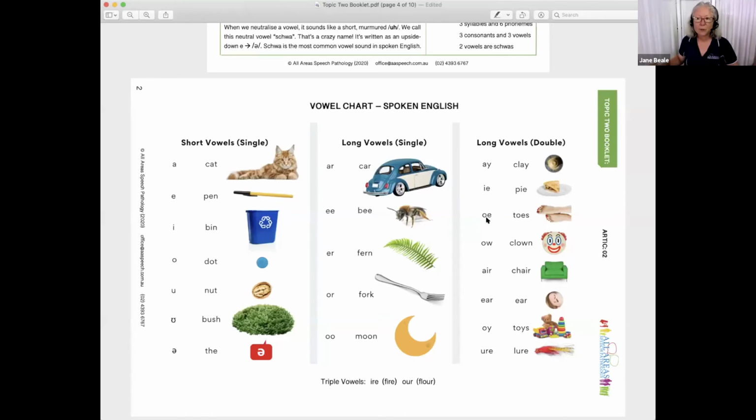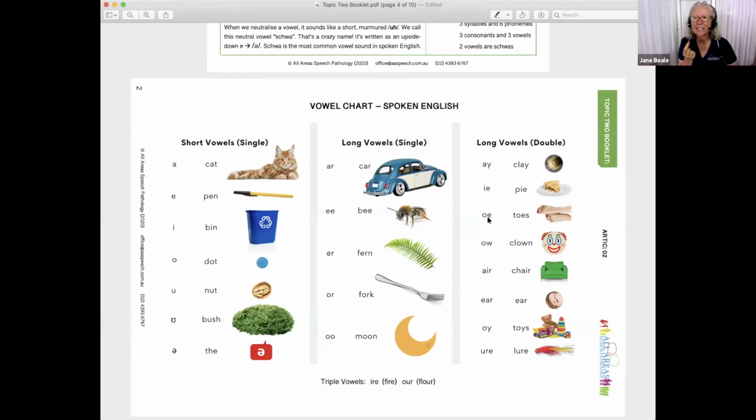All right, let's go back to that picture. We'll have the pictures up. Can you try going down and see if you can feel the movement? I'll do it once and then I'll give you a minute to just go down and say each one of these double ones again. O, O, ow, ow. See the movement? Air, air.